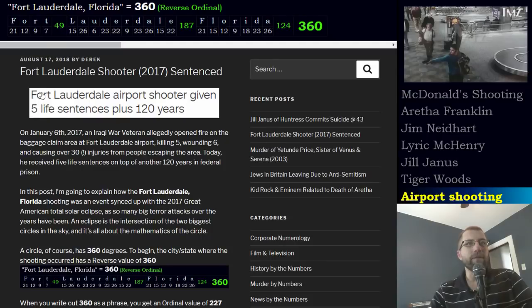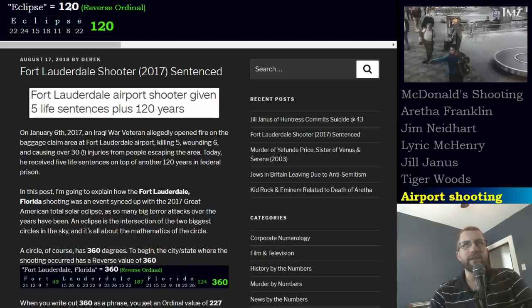He got 5 life sentences for the 5 murders he committed on that date. He also got 120 years in prison. 5 life sentences and 120 years. Why 120 years?